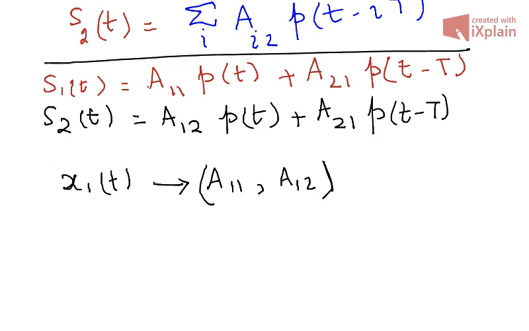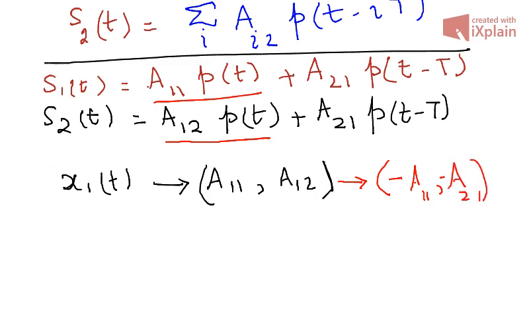It requires the transmission of these two coordinates a11 and a12, and actually both of these are negative, which we just saw in the previous slide.